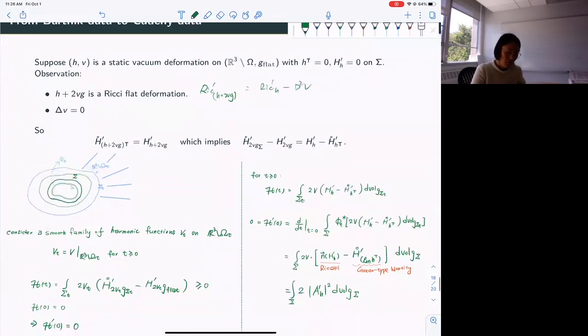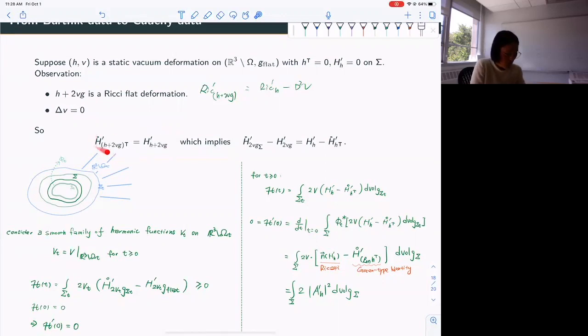In particular, if we take the linearization of the mean curvature with respect to the Dirichlet data, it must equal the mean curvature variation with respect to this deformation itself.